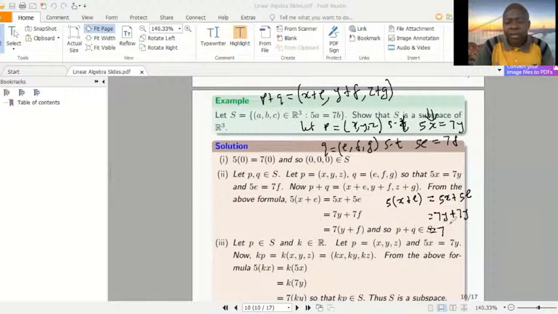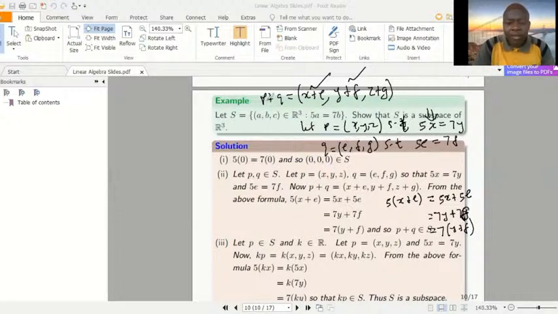This is 7 times y plus f. So what have I shown? I've shown that 5 times the first element is 7 times the second element. That is what I wanted to show.